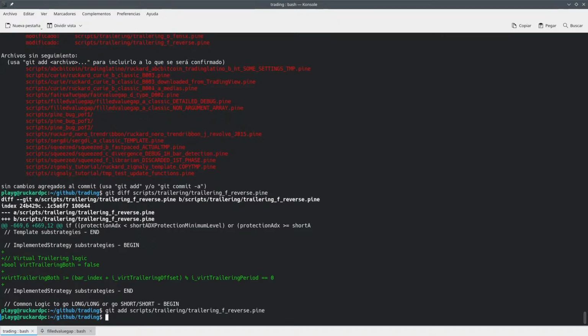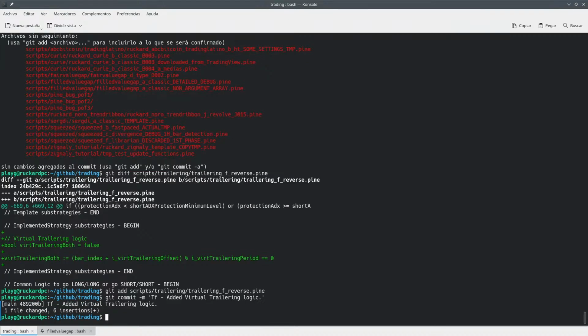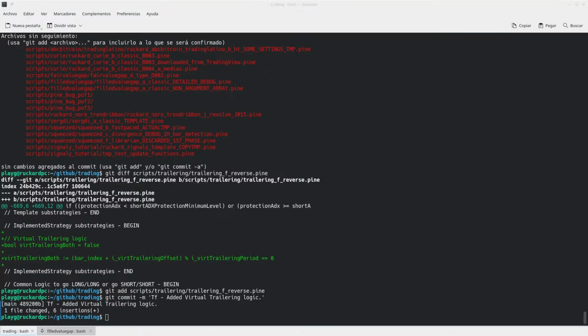So we can have this added virtual trailing logic. It's not like a logic, but it helps us to do some stuff.